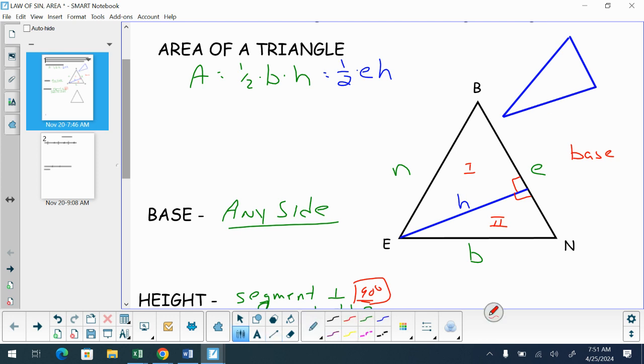We have angle B up here, which is an entire angle B. This angle and this angle are the same. We have point E here, but it's not an entire angle E.